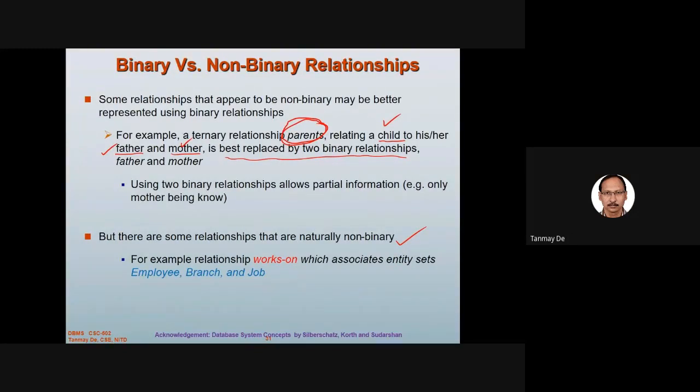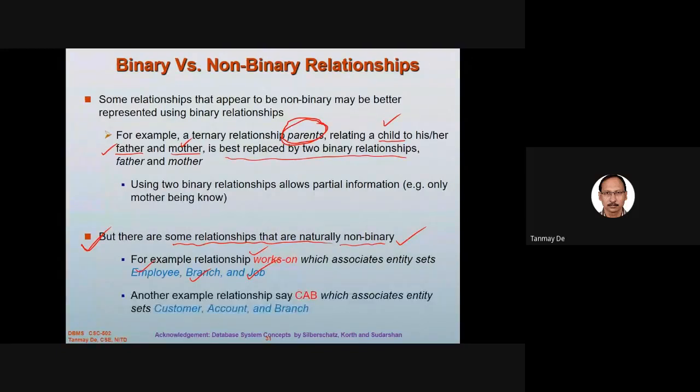Here, what I want to talk about today is that there are some relationships that are naturally non-binary. For example, works-on associates the employee, branch, and job entity sets, which I showed on the slide just before. Another example is the relationship CAB, which associates the entity sets customer, account, and branch in the banking system.